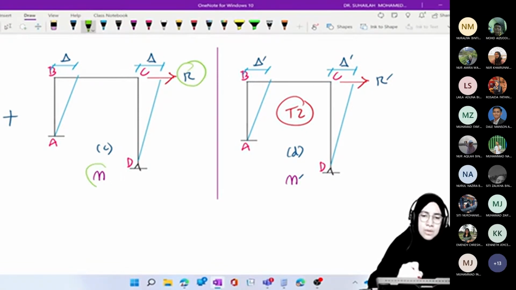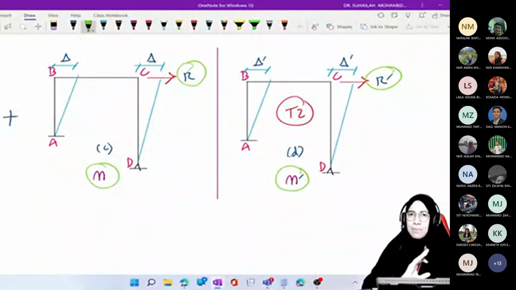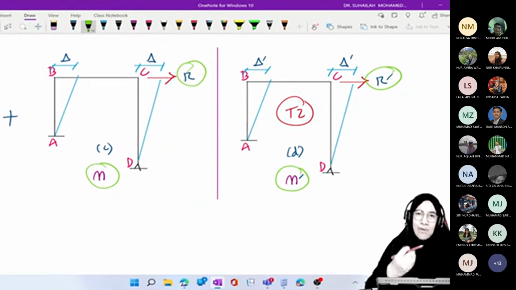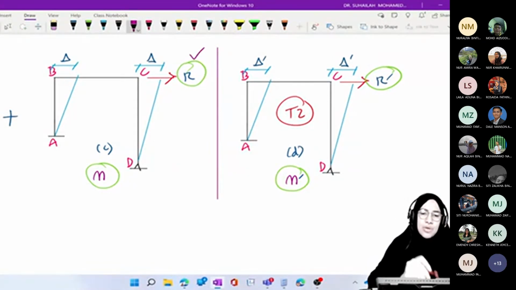We have R and M here, and we have M prime and R prime. Forget about delta and delta prime because we don't need to calculate the value. Under diagram C we have R, and the R value we determine from B. Under diagram C, M is unknown.